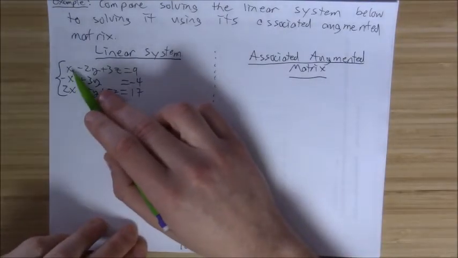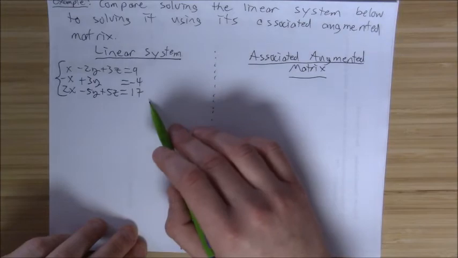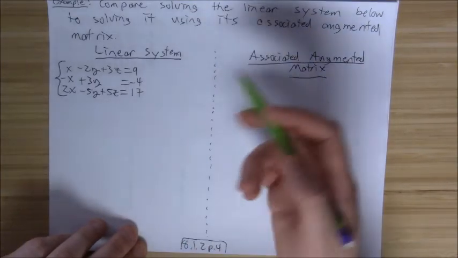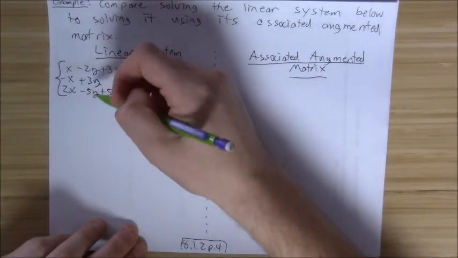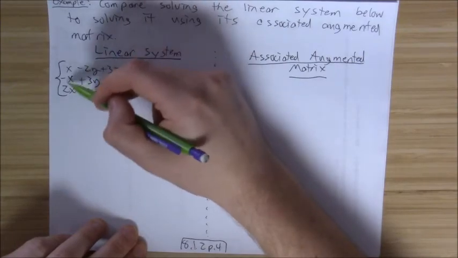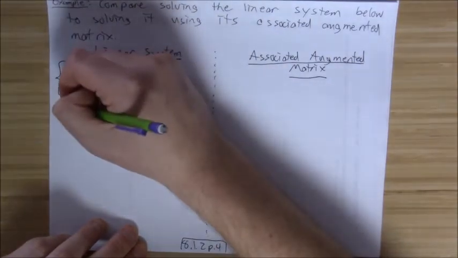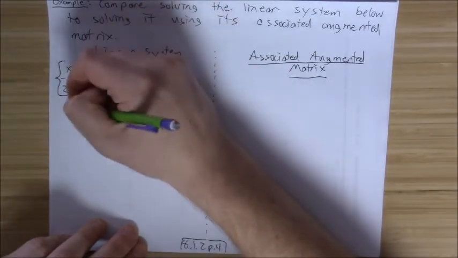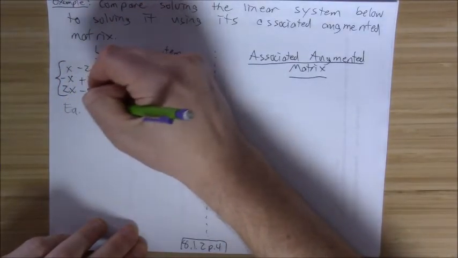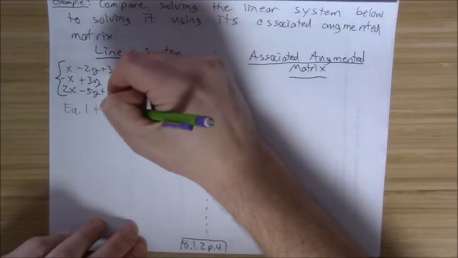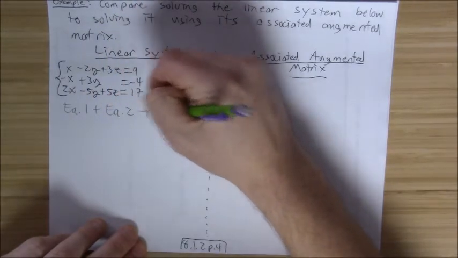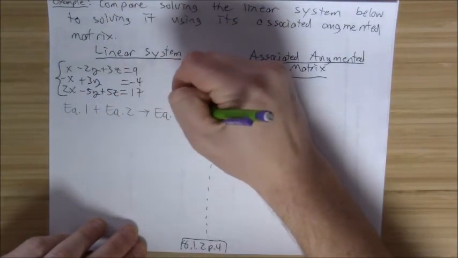Here, to start solving this, first we want to eliminate this, as we have before. We've seen this before. So to eliminate that, we're going to take equation 1 and add it to equation 2 to get a new equation 2.